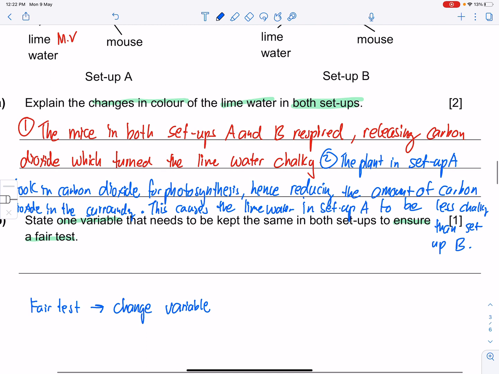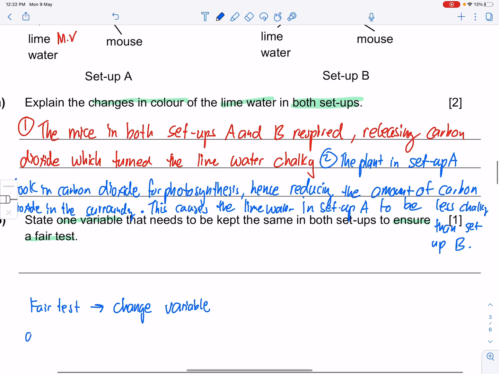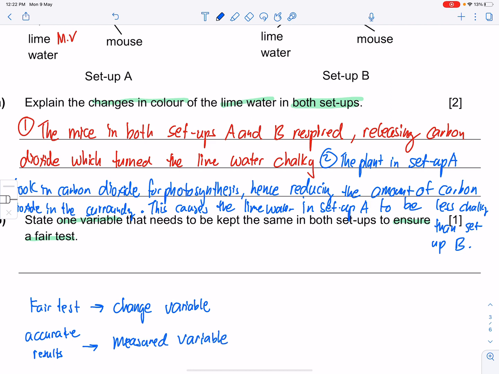Then after that, when you talk about accuracy, that has to do with your measured variable. And then the last one I remembered, reliability.